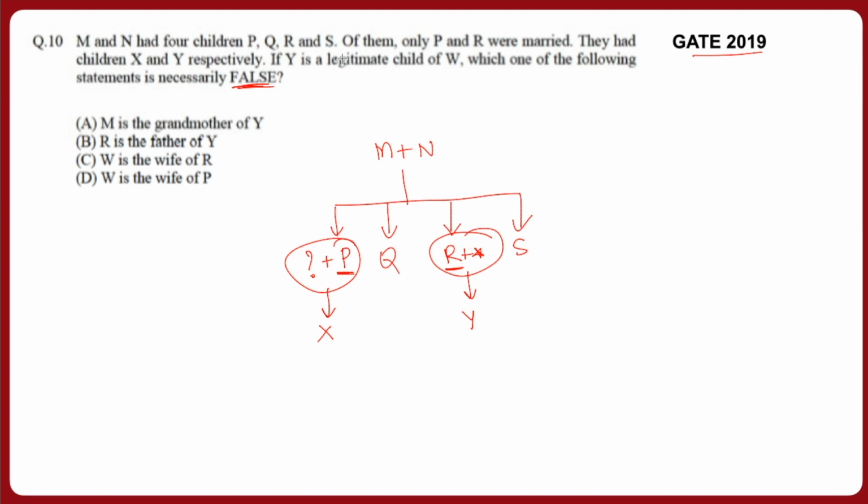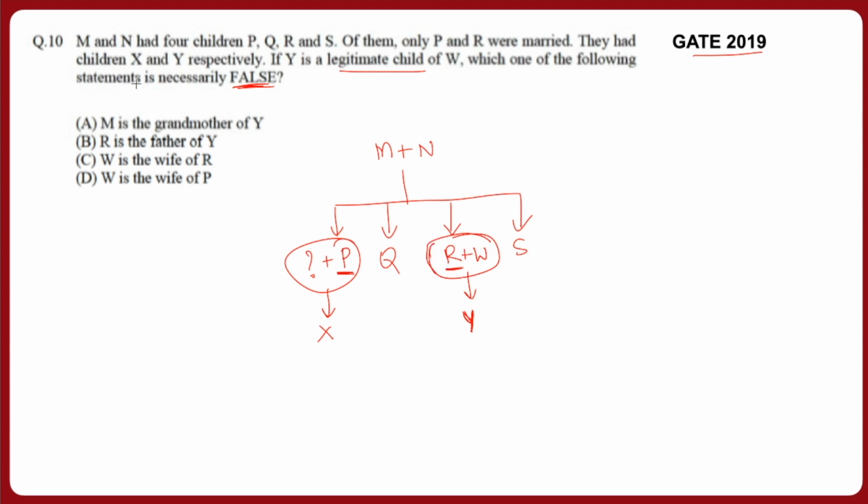It says that if Y is legitimate child of W, that means Y is already a child of R, and someone who actually got married to R, that person is the father or mother of this Y. So that means Y is legitimate child of R, and also it is given that Y is legitimate child of W. That means here in the place of star I can actually write down W. So R and W got married.